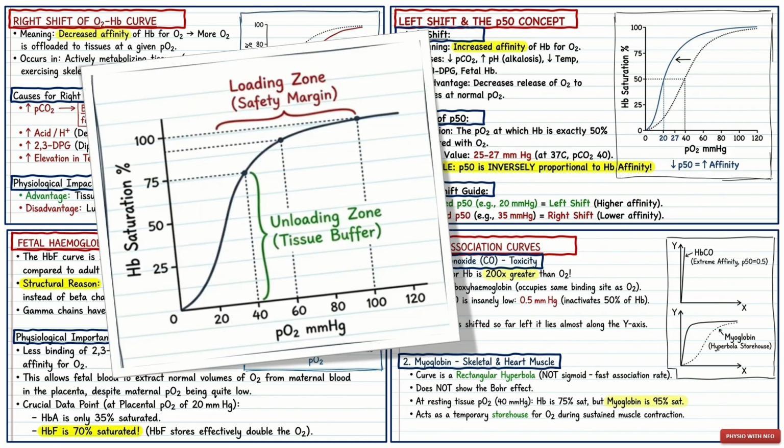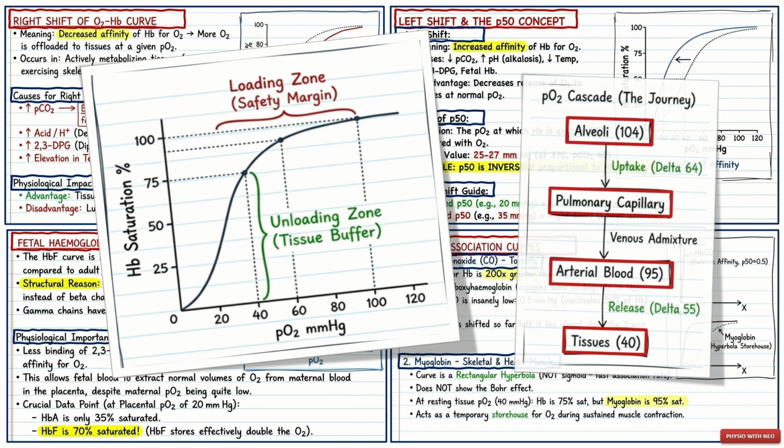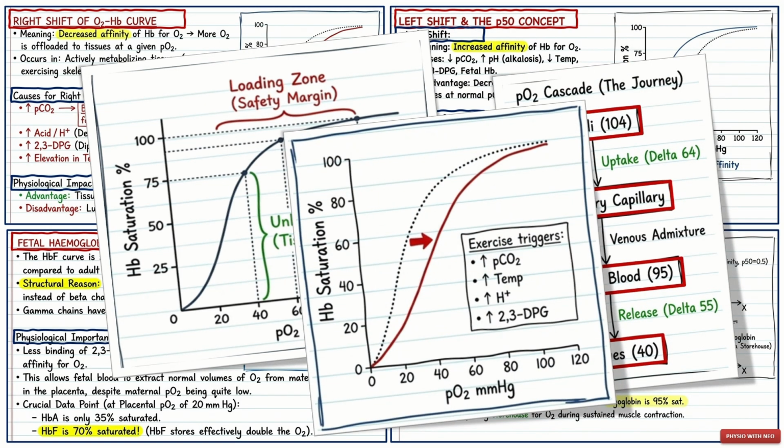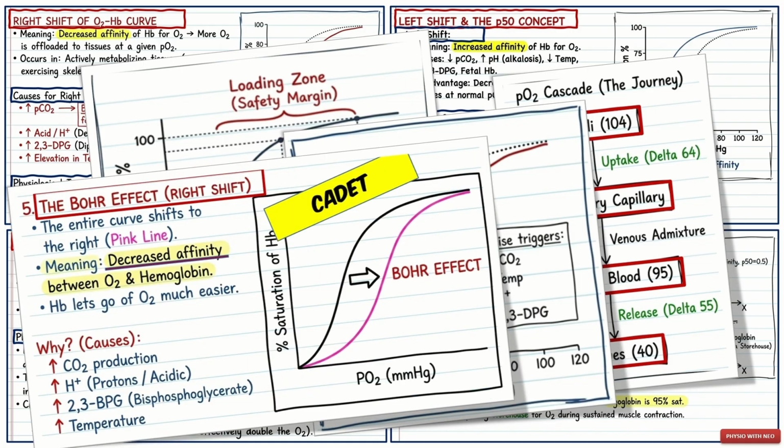Do not forget to draw this important diagram of the oxygen hemoglobin dissociation curve showing loading zone and unloading zone, this flow chart, this shift of these zones, and very important, the Bohr's effect explanation with the help of a note and a diagram together.